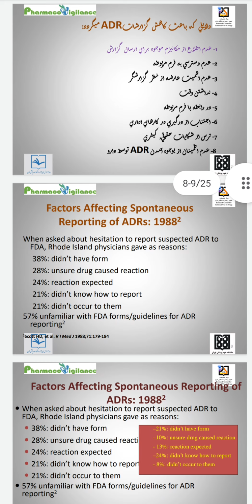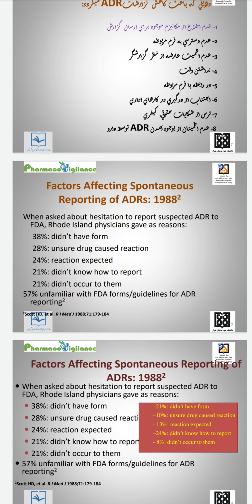Factors affecting the spontaneous reporting of ADRs in 1988: when asked about hesitation to report suspected ADRs to the FDA, Rhode Island physicians gave as reasons: 38% didn't have a form, 28% were unsure the drug caused the reaction, 24% said the reaction was expected, 21% didn't know how to report, 21% said it didn't occur to them, and 57% were unfamiliar with the FDA forms and guidelines for ADR reporting.